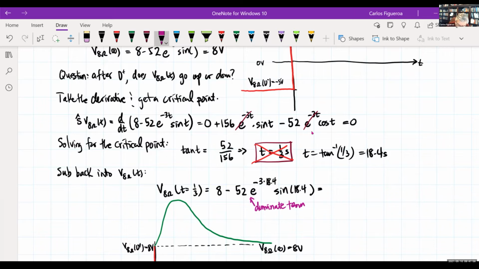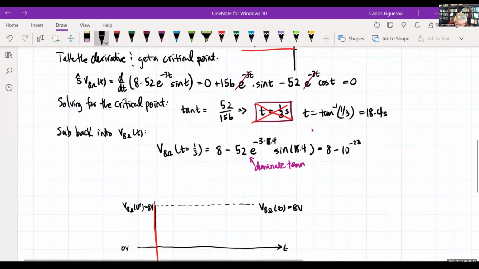Look at that, on the order of 10 to the 23. So this is going to be 8 minus something of the order of 10 to the negative 23. So it's taking a dip then. I see what you're talking about, Josh. I totally had the minus. No, but it's got to take a little dip. So it's going to look something like this.